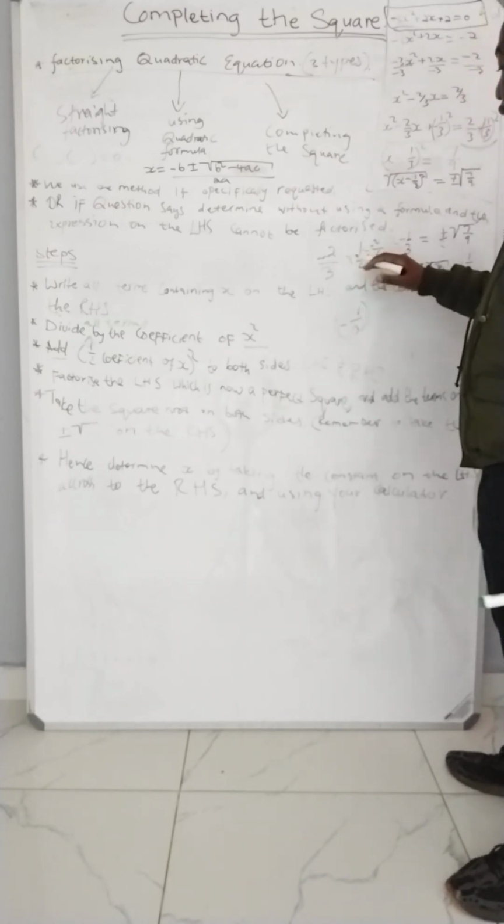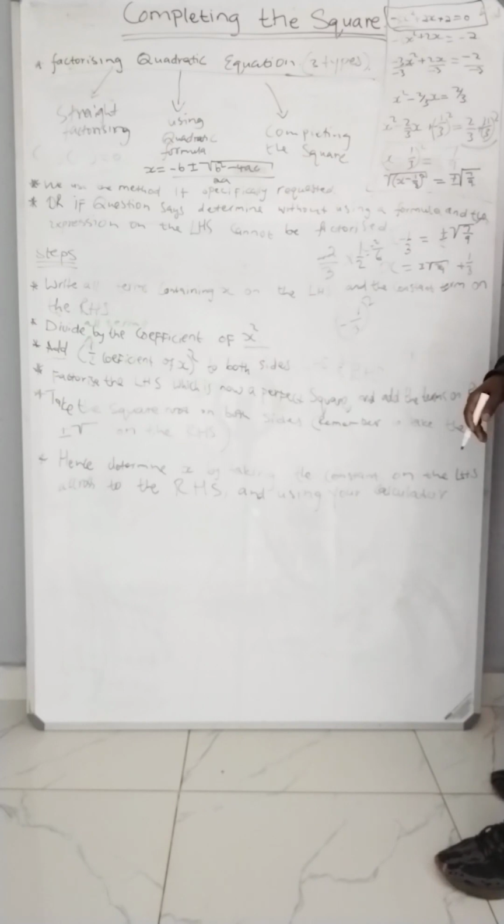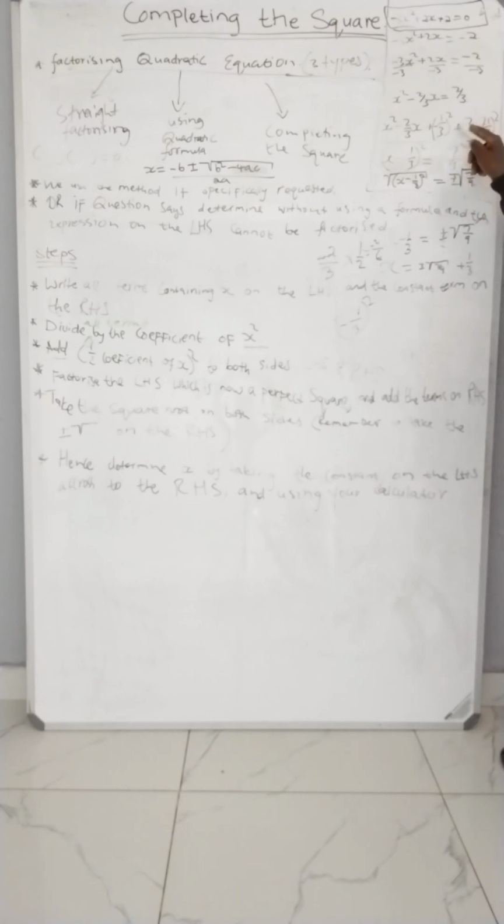So this is half of the coefficient of x, and then if we square it, it's going to look like that, and then we add this to the left hand side as well as the right hand side. So we took negative 1 over 3, we added it to the left hand side of the equal sign as well as the right hand side of the equal sign, which is this guy over here and this guy over here.